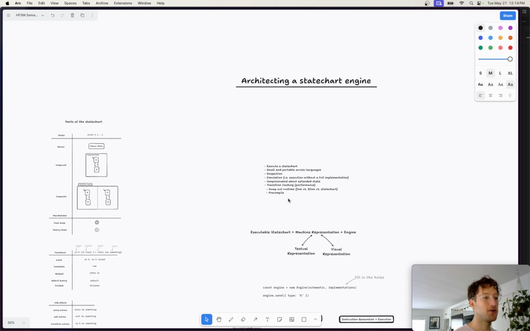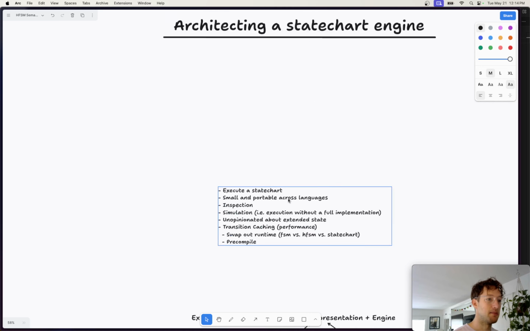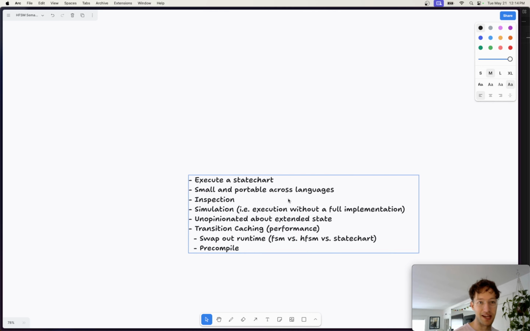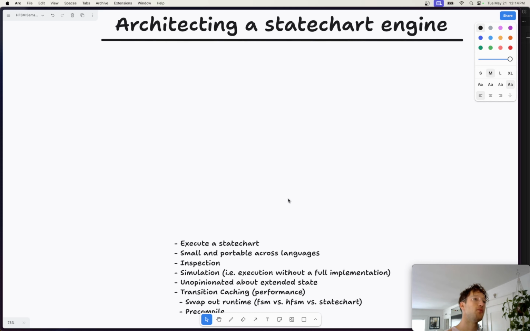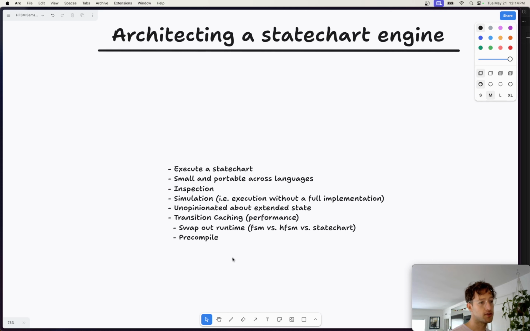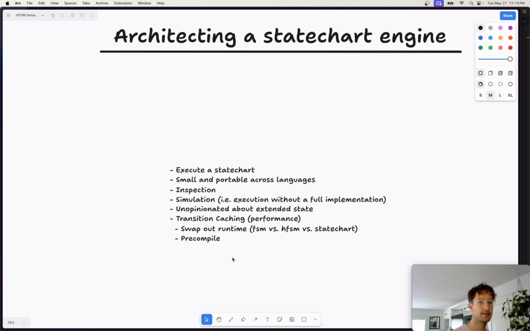So now that we know what a state chart is and how an engine might interpret that notation, let's talk about some of the things that are important when trying to build a state chart engine from the ground up. Different projects might want to enable different things, but in general, these are the set of things that we're thinking about with the StateML project.